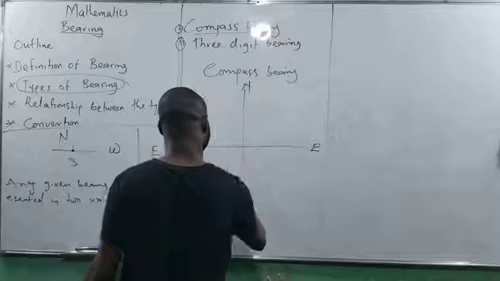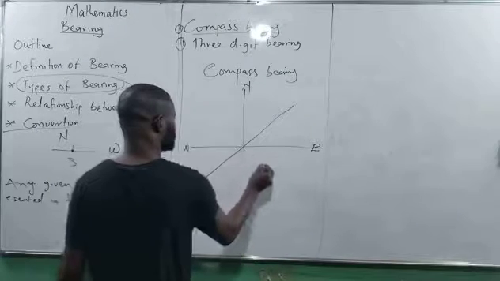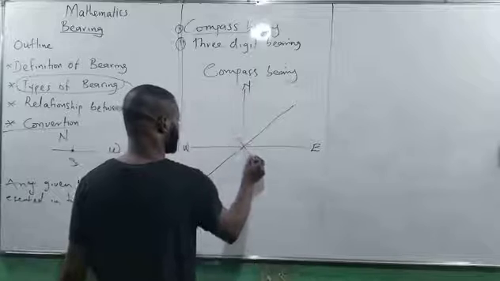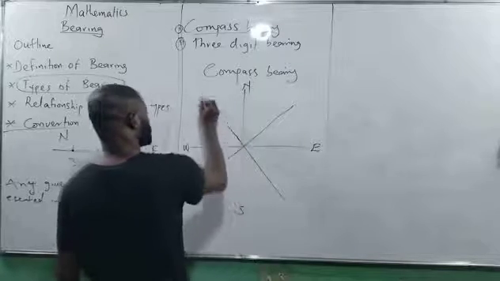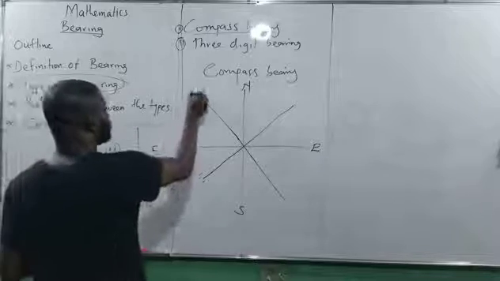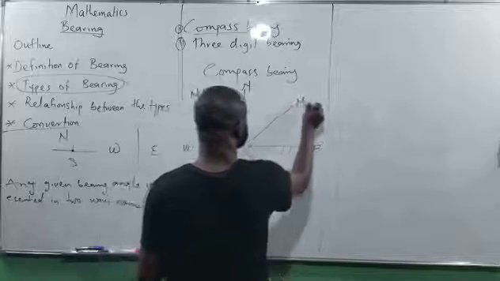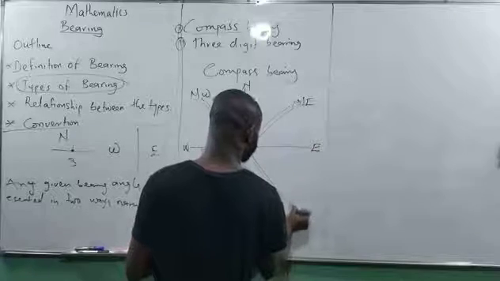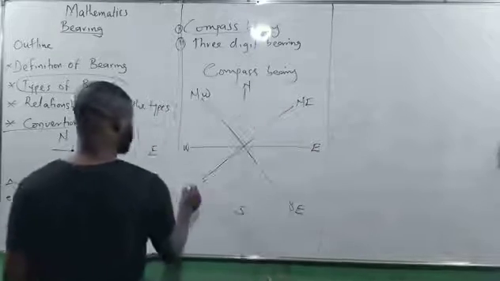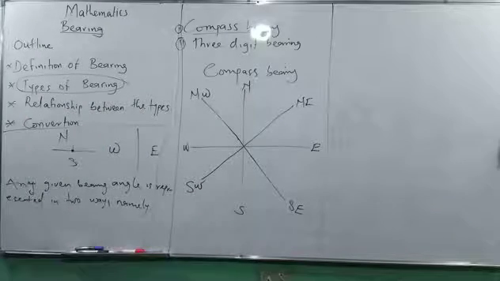Permit me to cut this into 2 and cut this into 2. Now, at this junction, I will be talking about northwest. Here is northeast, southeast, and southwest. And that is what we are working on.